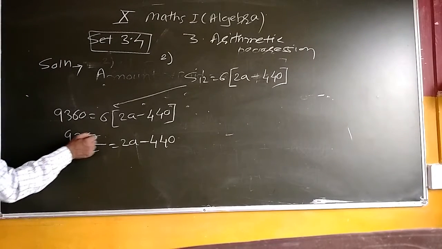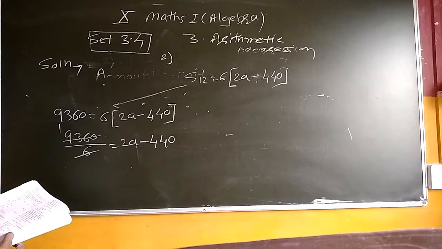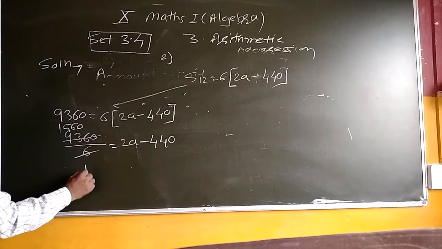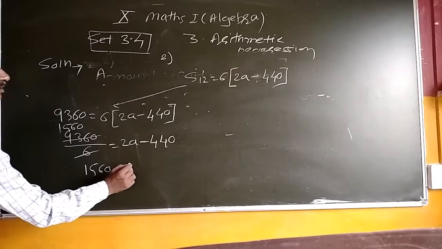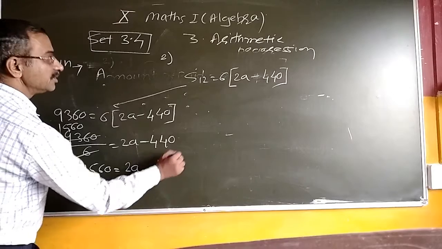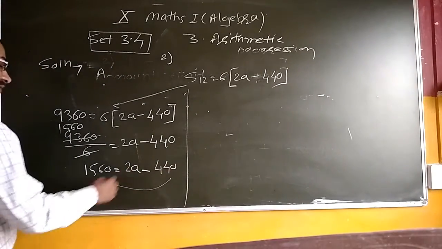Then by dividing by 6, we get the value 1560. So 1560 is equal to 2a minus 440. By transferring it to the left hand side, the sign will get changed.